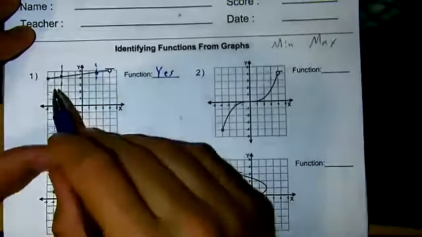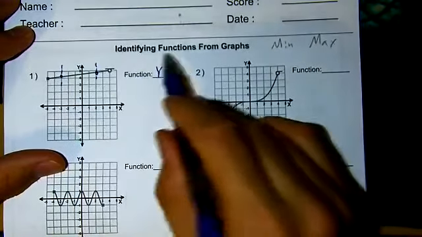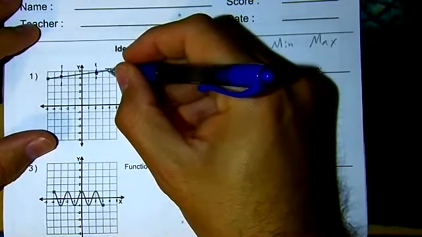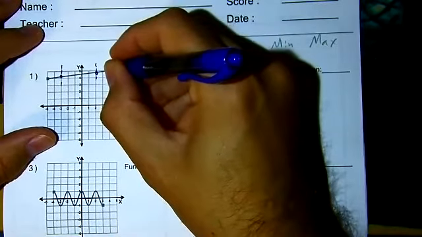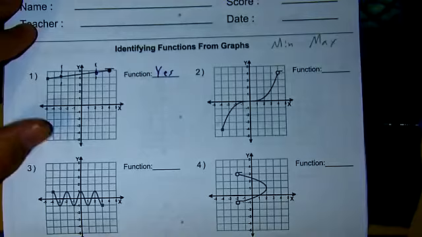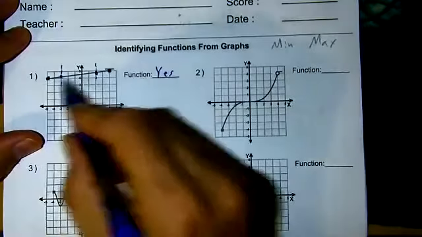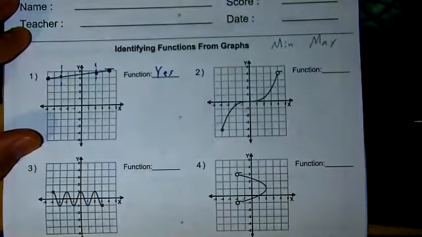So on a straight line, usually straight lines keep going. Now this hollow dot means something else. We're not going to go over that right now. So I'm actually going to fill that in. Imagine that it's a solid dot. Over here you have a square. We're just going to imagine that that's a solid dot too. So this is actually not a continuous line. It's just a line segment.